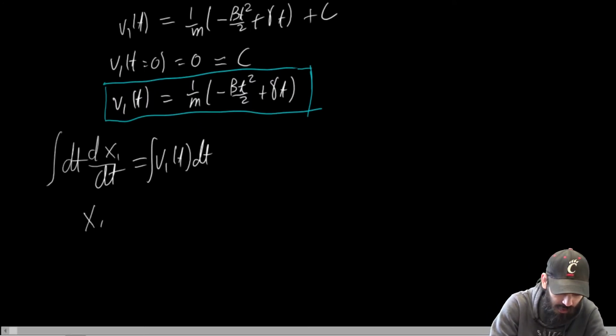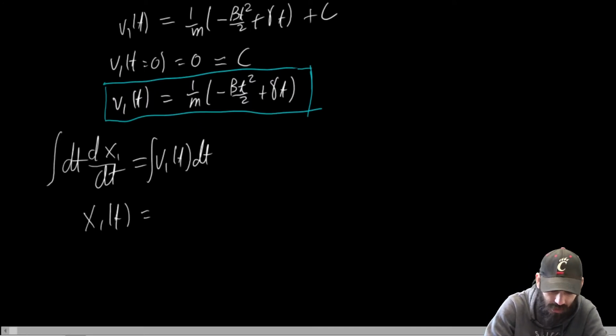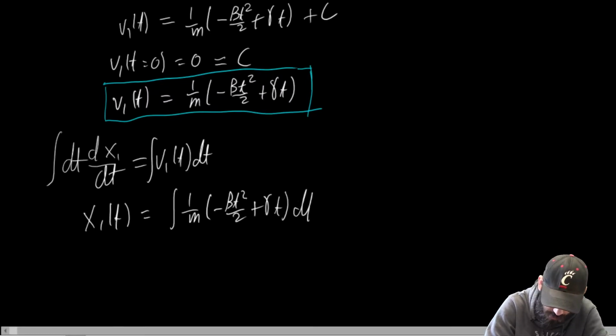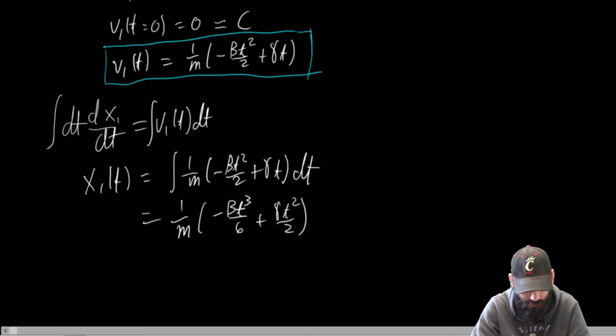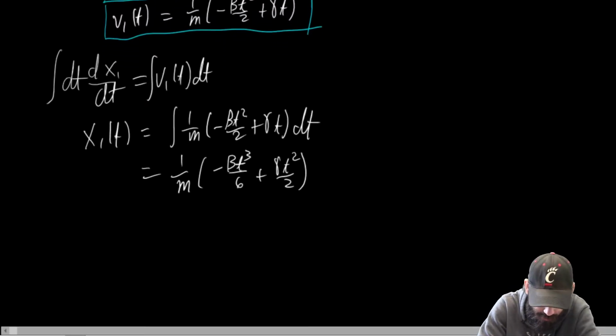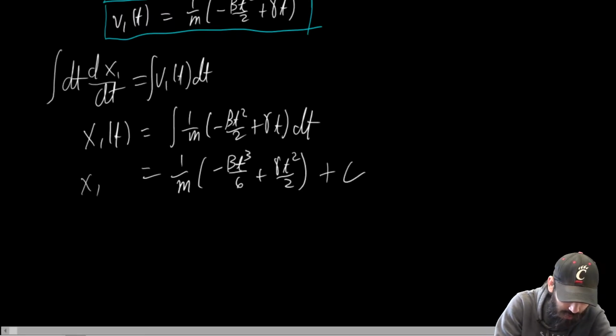It says that x1 of t is going to be equal to the integral of 1 over m times minus beta t squared over 2 plus gamma times t, dt. We do this integral. This is going to be 1 over m times minus beta t cubed over 6 plus gamma t squared over 2 plus a new constant of integration. Okay, so there's our x1 of t.